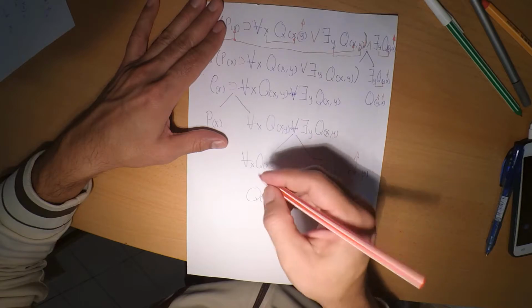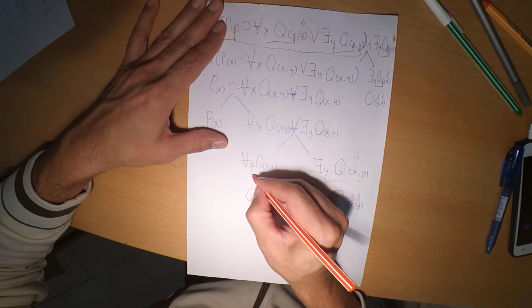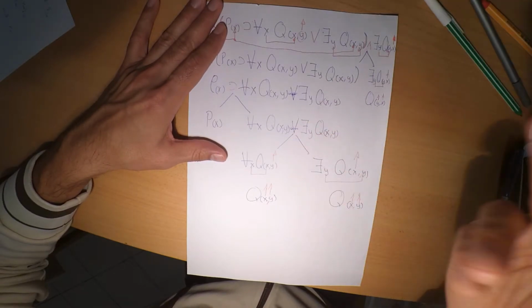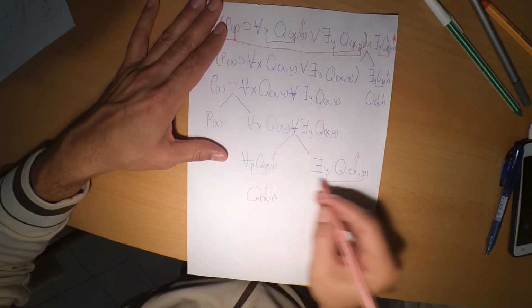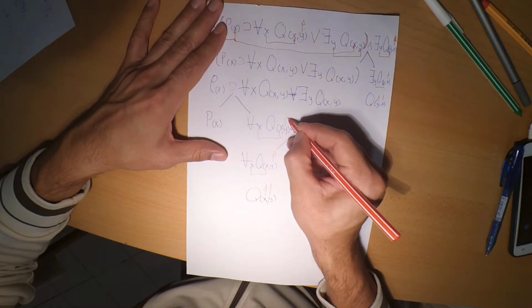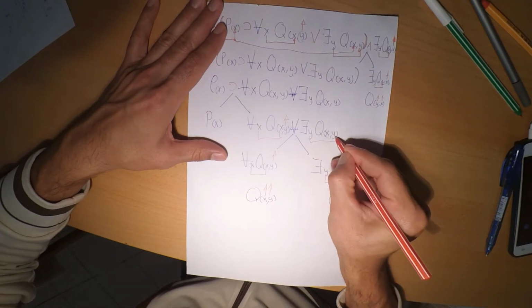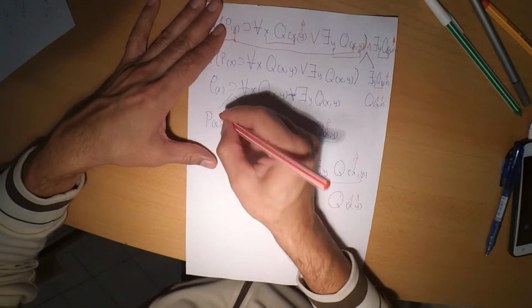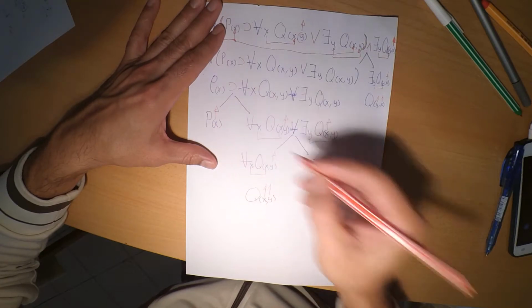This is the same case. We have here one bonded and one free variable. Since this is correct, this is going to be the same. Bonded and free. This is bonded and this is going to be free. This is going to be free as well.